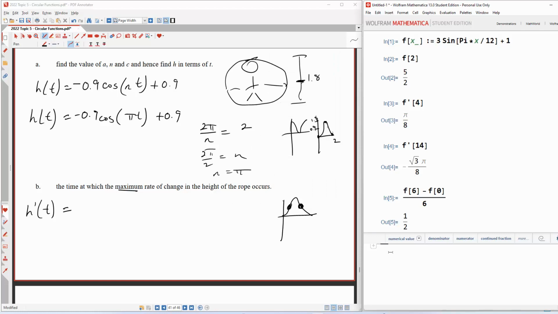I'm going to go h of t, negative 0.9 cosine pi times t plus 0.9. Let's have a look at it.